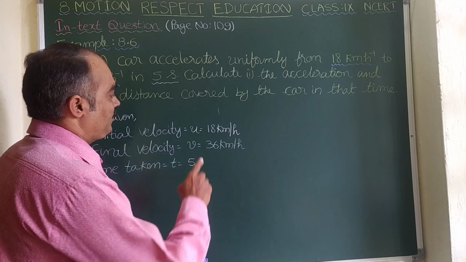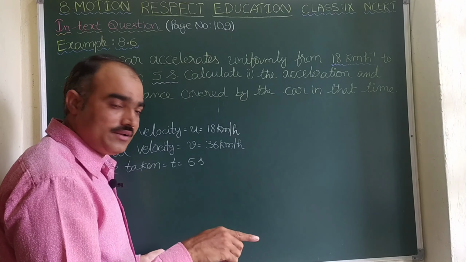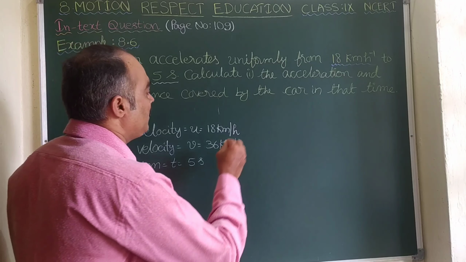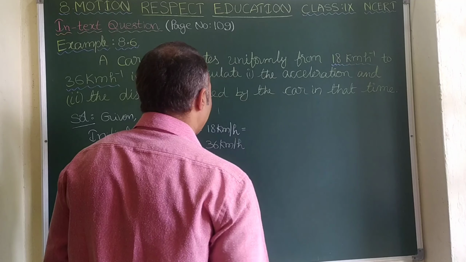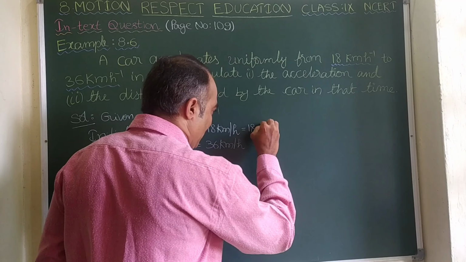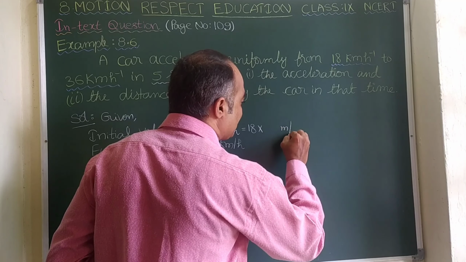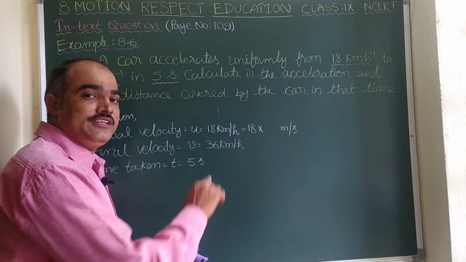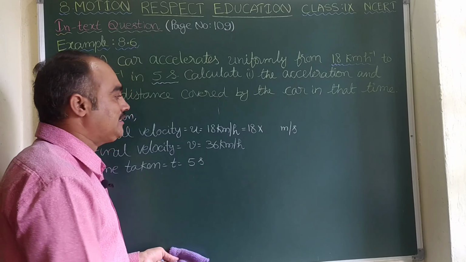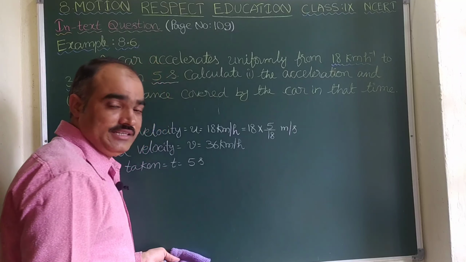Now our task is to convert kilometer per hour into meter per second. In this problem I have to convert this 18 km per hour into meter per second. So 18, let us write as it is, multiplied by 5 by 18, since we are converting into the smaller unit.